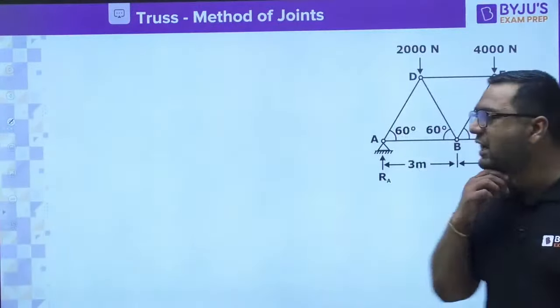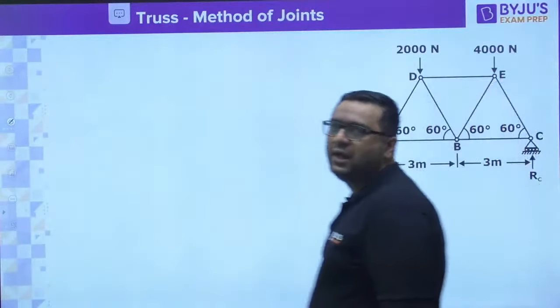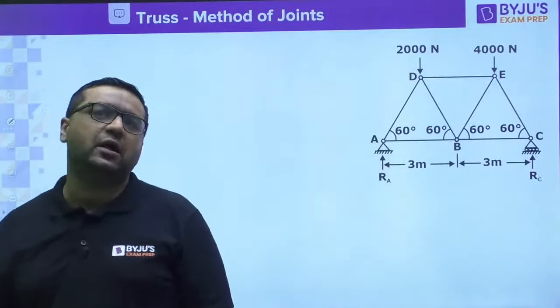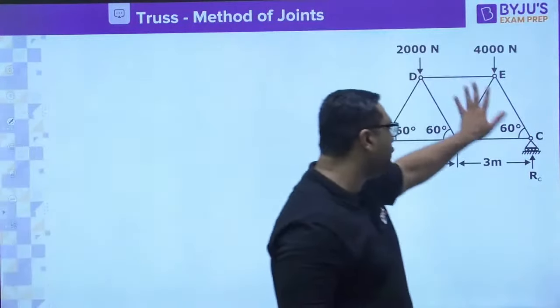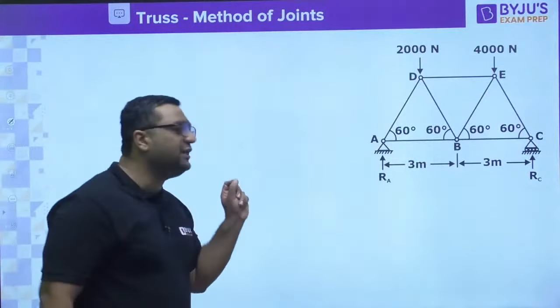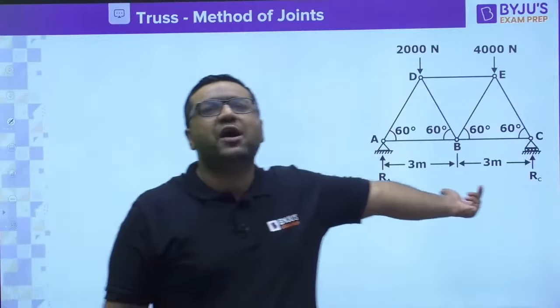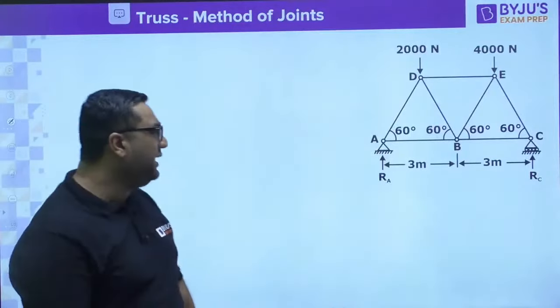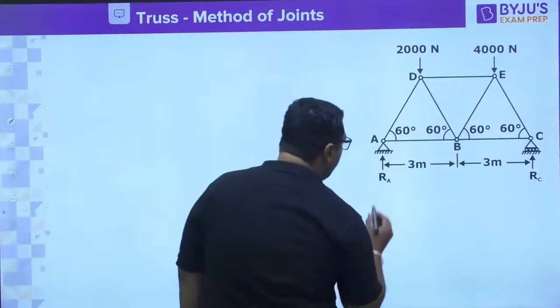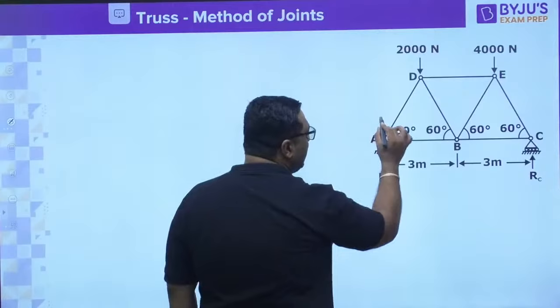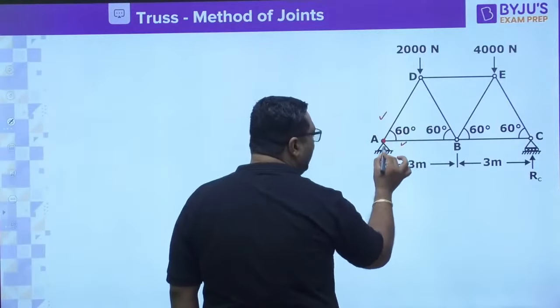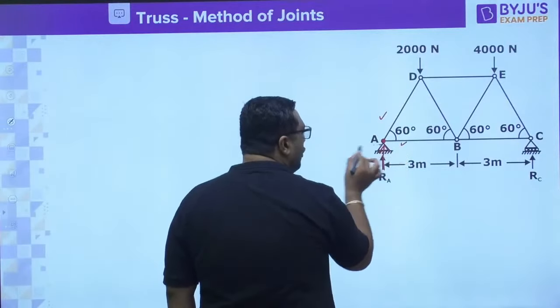So this is the first question. In this question we are going to use the method of joints, and we need to find the forces in each member. The complete truss is given to you. First, you know the truss is in equilibrium, so every joint will be in equilibrium. If you see this joint, there is one unknown, two unknowns, and the support reactions HA and VA are also unknown.